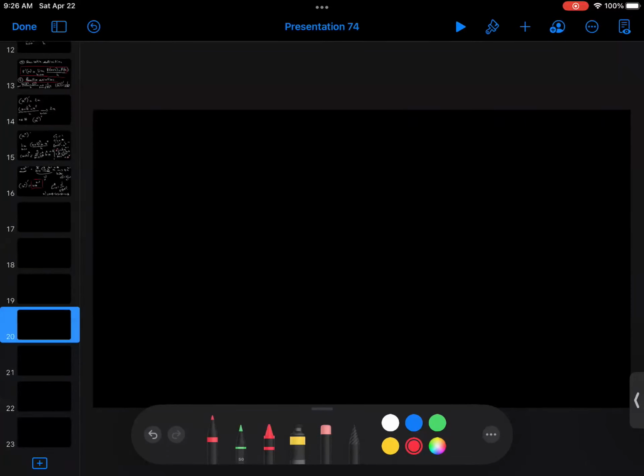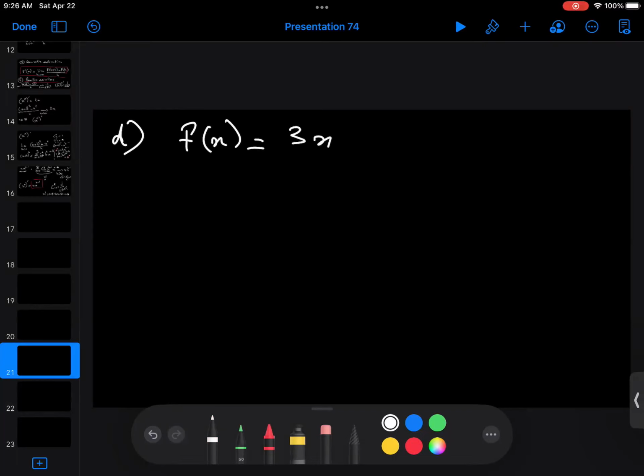Now we are going to do the fourth example, D. Let's compute f of x equals 3x^4 divided by x^7 plus 5x squared plus 1.